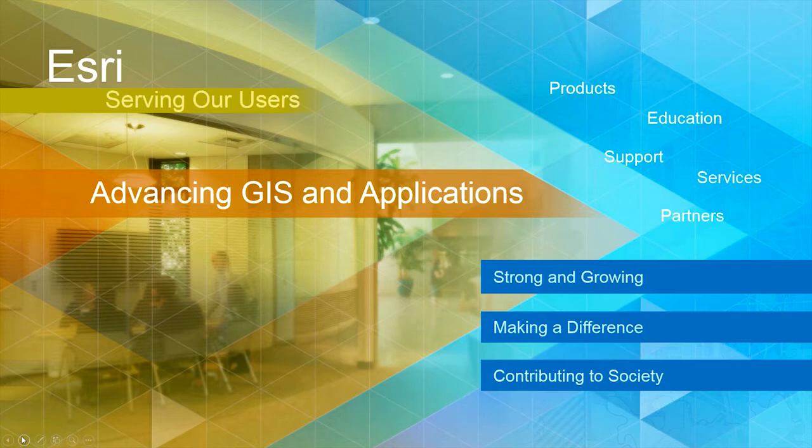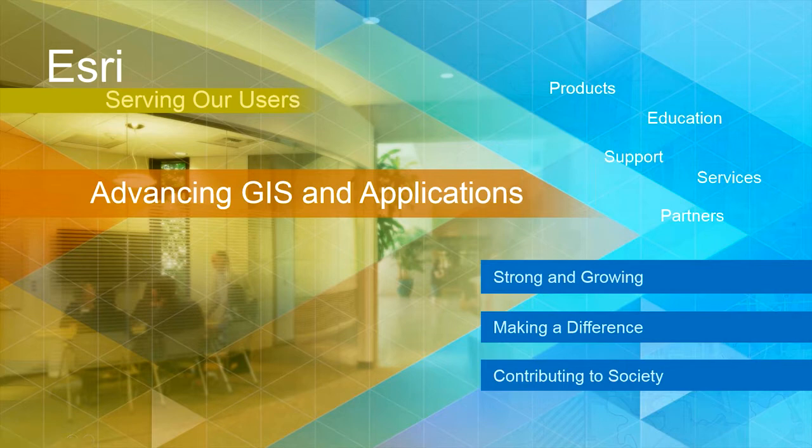We create world-class products called ArcGIS, and those run on server and desktop and mobile applications, SDKs and APIs. We also create great educational and support options to keep our customers up to date and to answer their questions. We've also got professional services who can help customers with particular projects that they're working on, and we've got a fantastic community of partners who can enhance ArcGIS with particular capabilities.